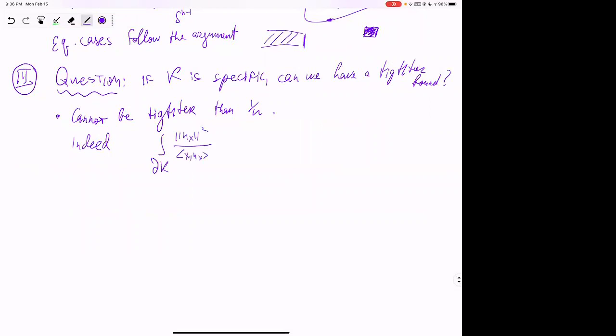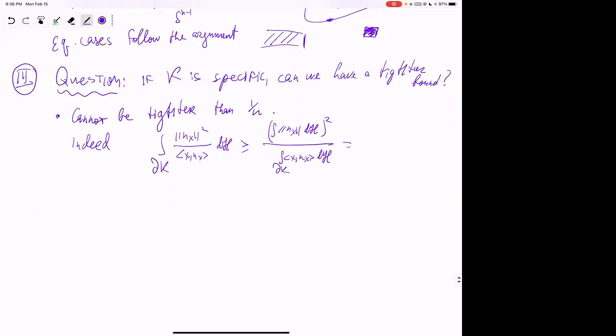I can estimate it from below by the integral of h_K squared divided by the integral of h_K, and so on. Do you agree? But this is just Hölder's inequality.